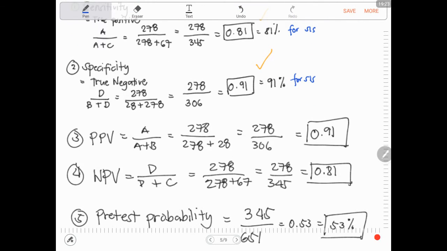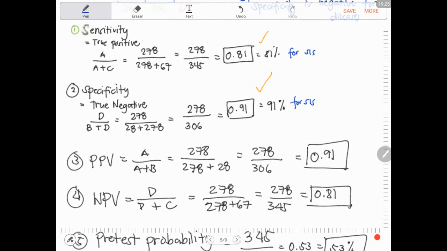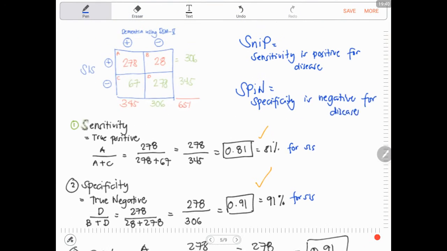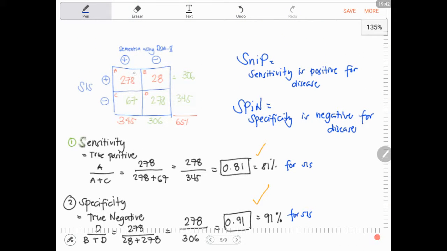Okay. The next is you calculate the PPV and the NPV. PPV stands for positive predictive value, the ability to predict a positive result, and negative predictive value, the ability to detect negative result. So, kung ang specificity and sensitivity is paganyan, itong PVs is pahiga.